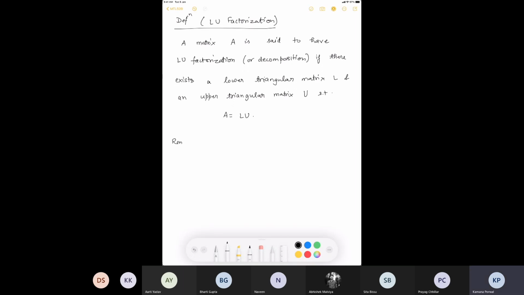So here is one remark. Suppose we have a matrix A which has the LU decomposition.